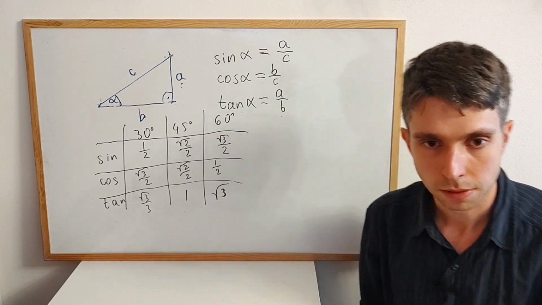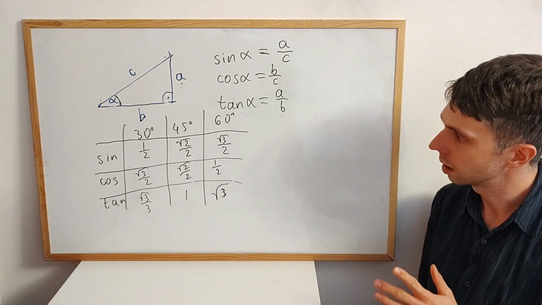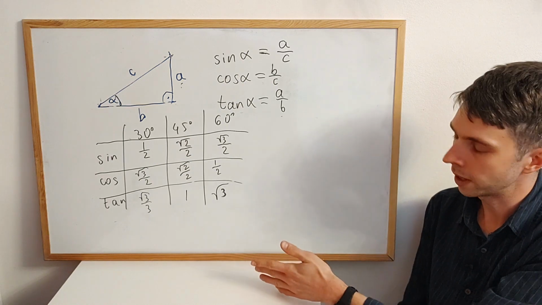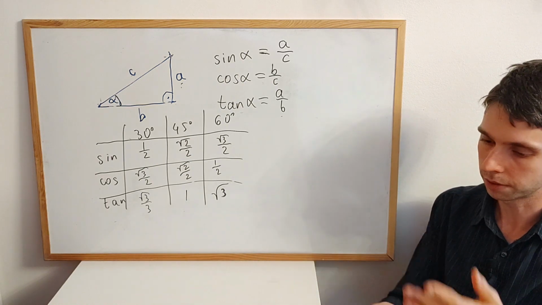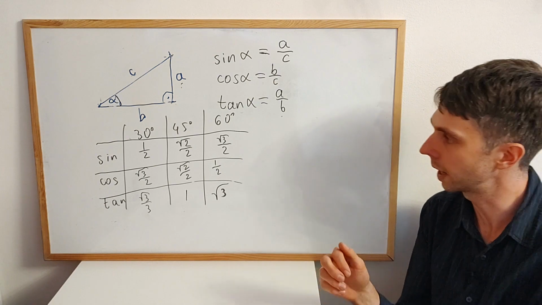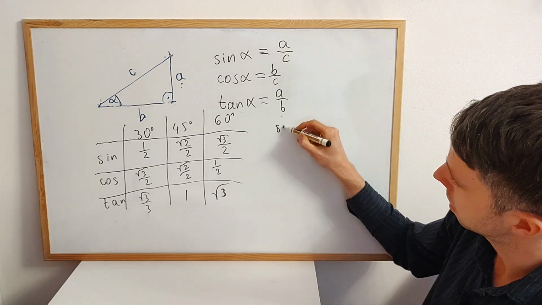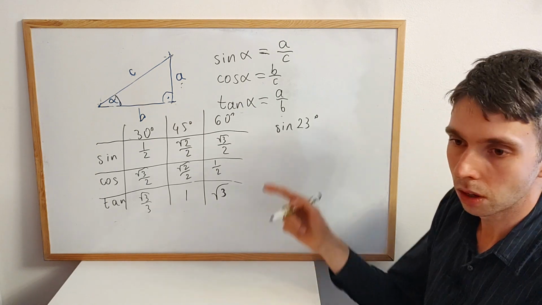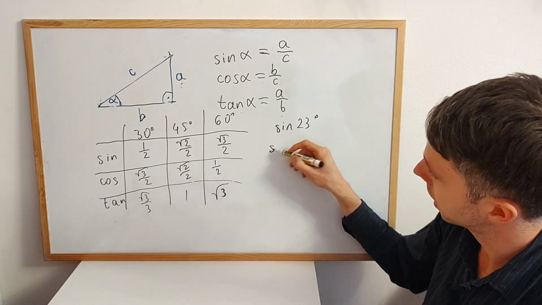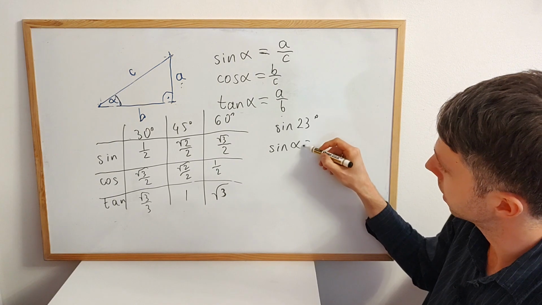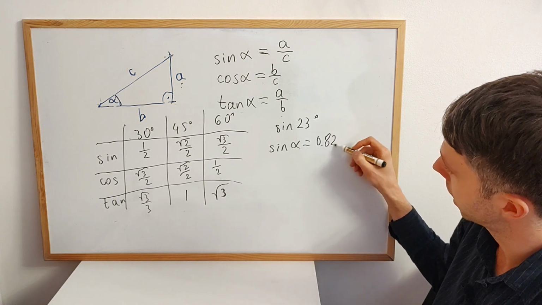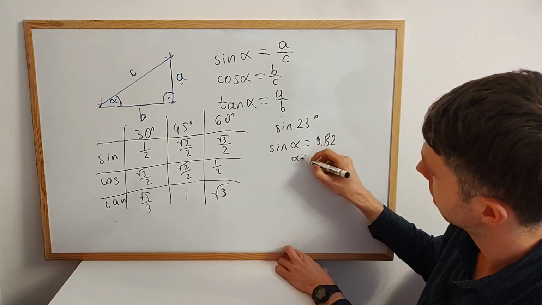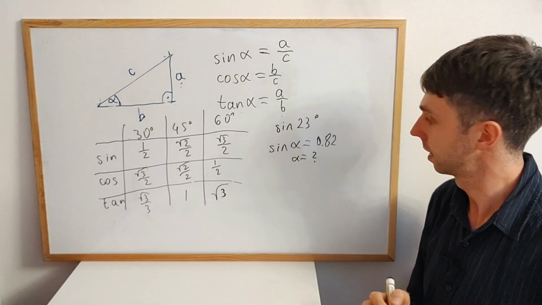Okay, and finally, what to do if I have an angle other than 30, 45 or 60 degrees. For example, I need to calculate sine of 23 degrees, or the opposite question, I have sine of alpha equals, let's say, 0.82, and the question is what is such angle alpha.